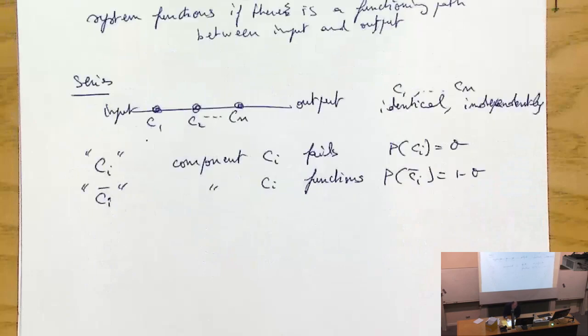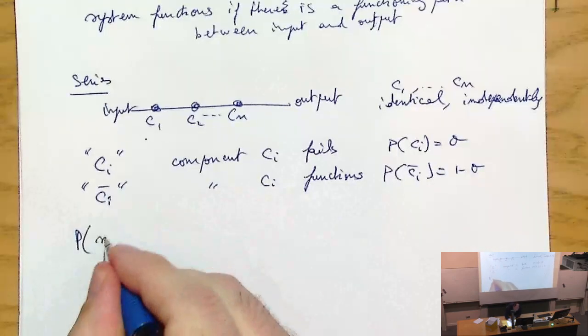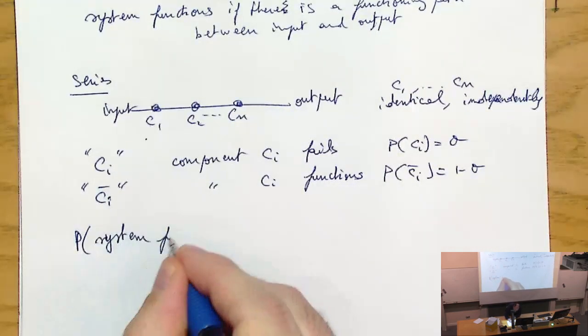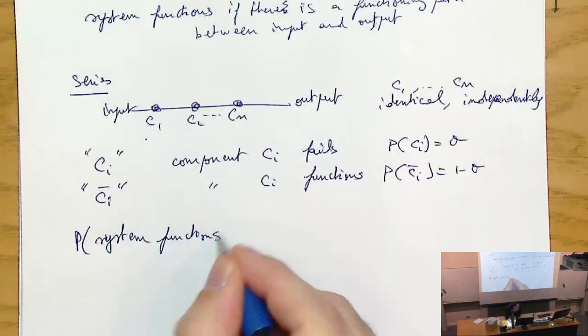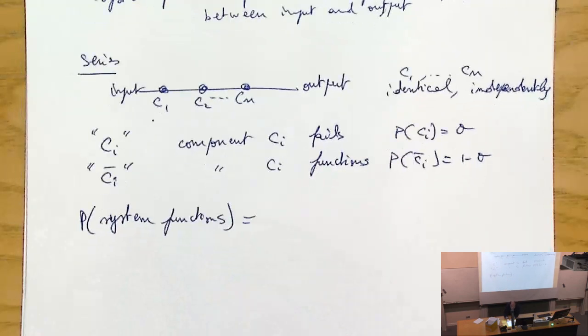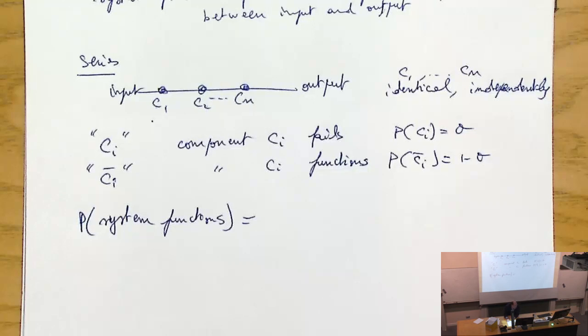Right, so how can we compute the probability that the system functions? This is something that we have done. It's just writing this using union or intersection.